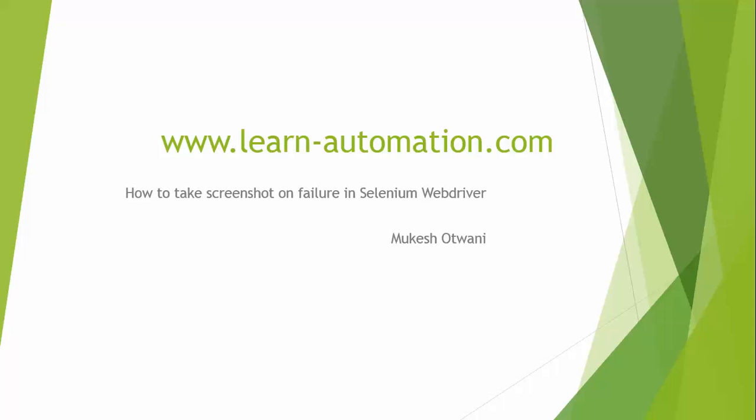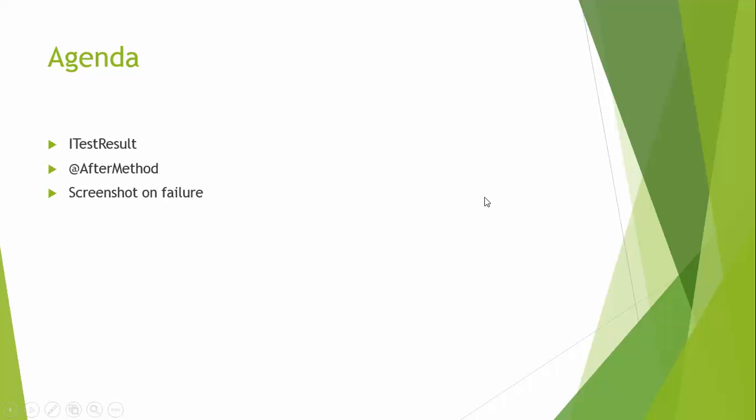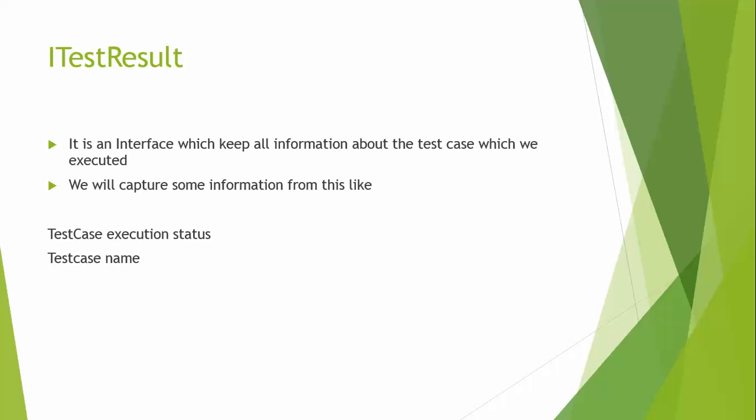Before moving to the actual scenario, let's discuss some of the things you may not be aware of. We will talk about ITestResult first, and then the @AfterMethod annotation. Finally, we will talk about how to capture a screenshot on failure. Just before moving to the actual tutorial, let me tell you it's a very important and frequently asked question in interviews as well.